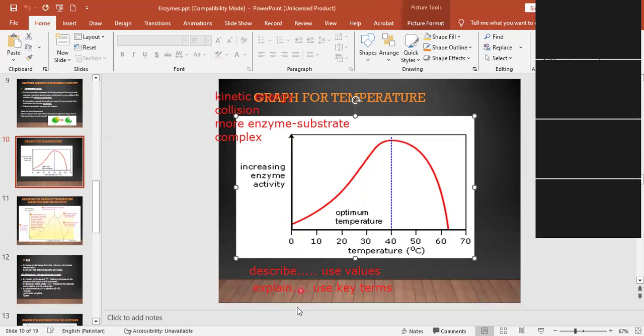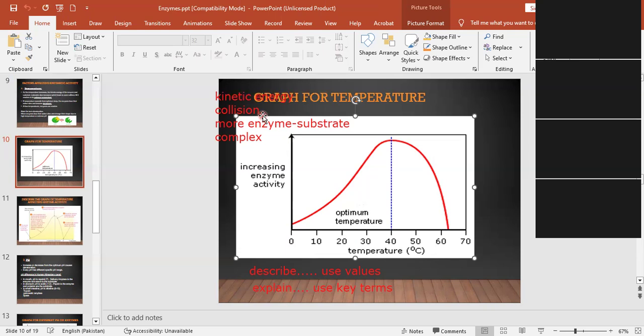In the explanation you have to use the key terms, using the values as well, you will state both, because the examiner is asking what the explanation is at every value. So at 0 the enzyme activities were inactive. As the temperature started to increase, at 10 the kinetic energy of the enzyme and substrate also increased, which causes collision and enzyme substrate complexes were formed.